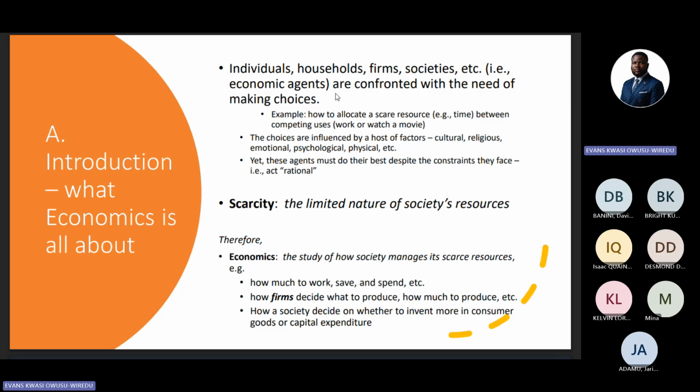Whether you are a student in Accra or a police officer or a farmer in Kumasi, or a trader at Makola Market, you realize that you're already practicing economics in every single decision. And so it's not very difficult at all.